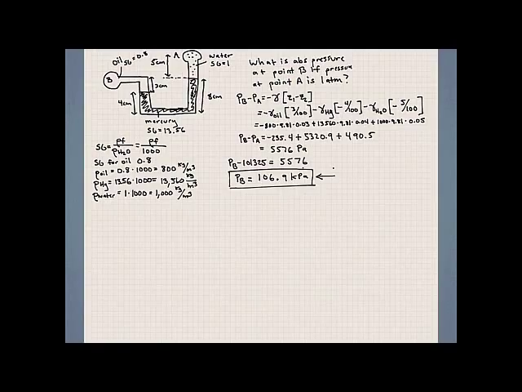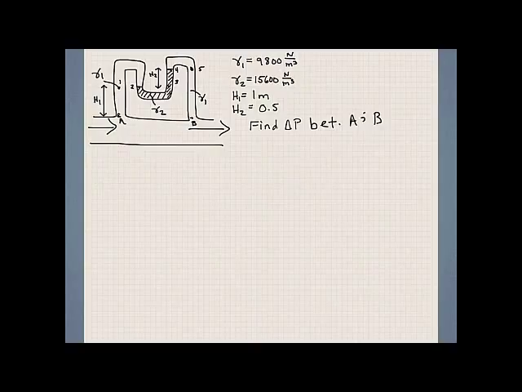So that's our first manometer problem. I would like to do one more as an example here. So let's go ahead and look at another case where we have more of an open system here. So here we have flow. These arrows show that we have flow.